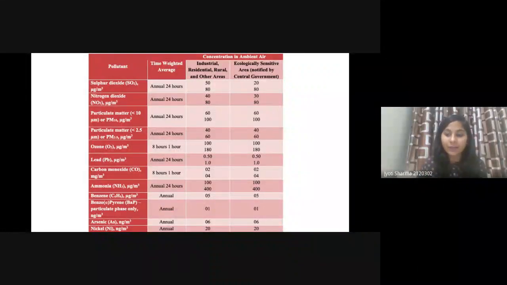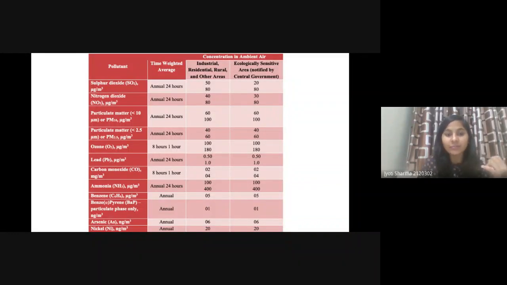Okay, if we are crossing that value, means we are violating it. Okay, so what are these pollutants? These are sulfur dioxide, nitrogen dioxide, then particulate matter 10, particulate matter 2.5, then ozone, lead, carbon monoxide, ammonia, benzene, benzopyrene, arsenic, and nickel.